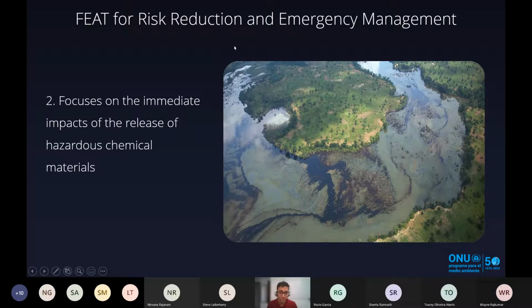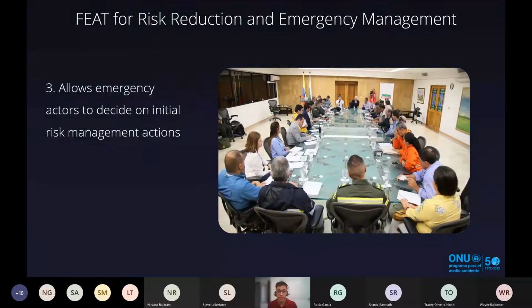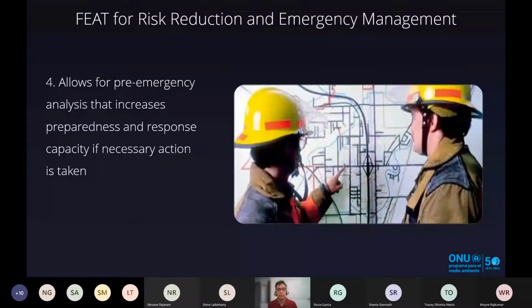So now we're recording. Sorry, I forgot to start recording from the beginning. The other utility for this is it focuses on the immediate impacts of the release of hazardous chemical materials like oil, petroleum, mercury. It allows emergency actors to decide on initial risk management actions. It allows for pre-emergency analysis that increases preparedness and response capacity if necessary action is taken.